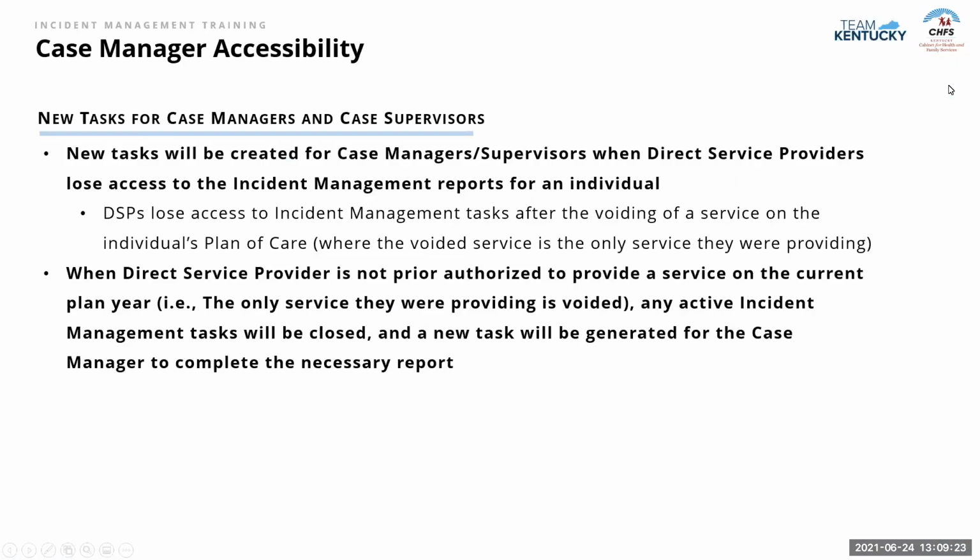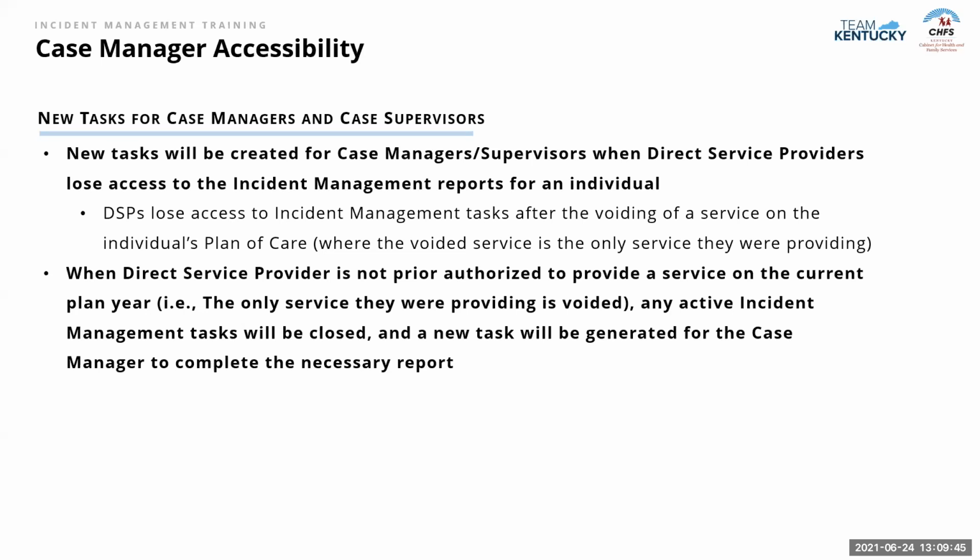Let's start off by looking at case manager accessibility. With this update on July 2nd, a task will be created for case managers and supervisors when a direct service provider loses access to the incident management reports for an individual.